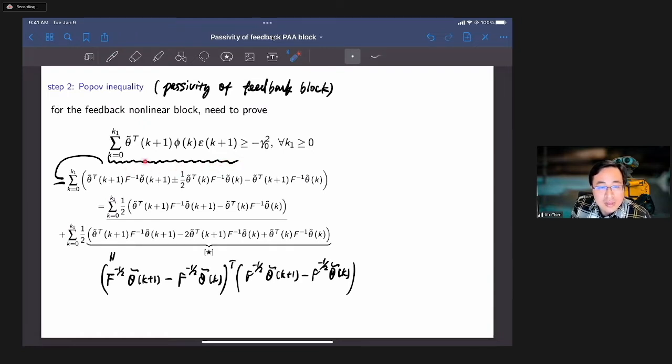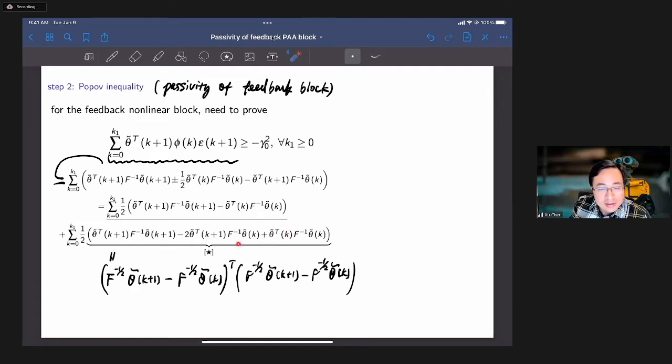The approach that we took was by observing that epsilon is related to theta tilde, and then we added and subtracted this quadratic term about theta tilde k. And we ended up here from last time.